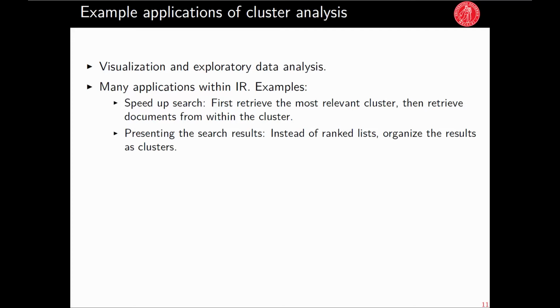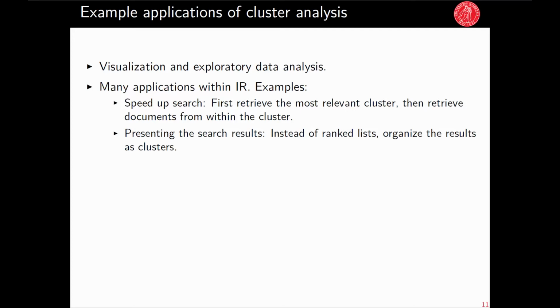A cluster could, for example, be represented by its centroid, right? So all the questions that we've discussed earlier with regards to how to represent classes still apply here. We could then retrieve the most relevant cluster, and from within that cluster, we try to do a more fine-grained ranking of the most relevant documents.